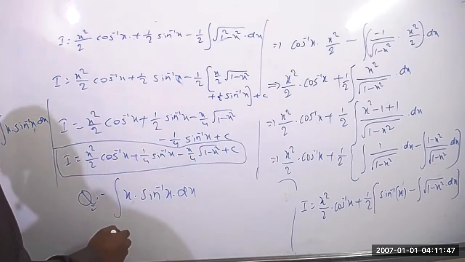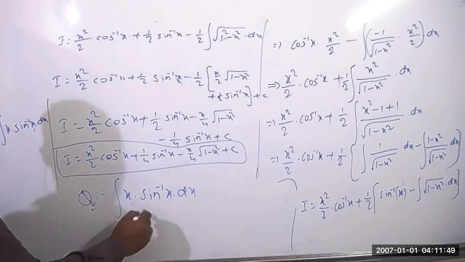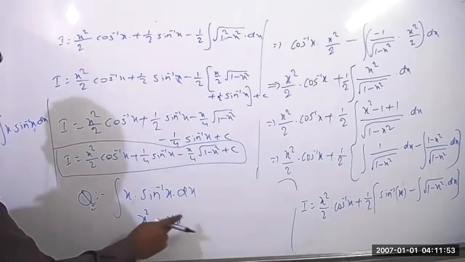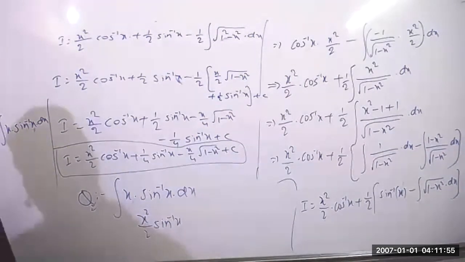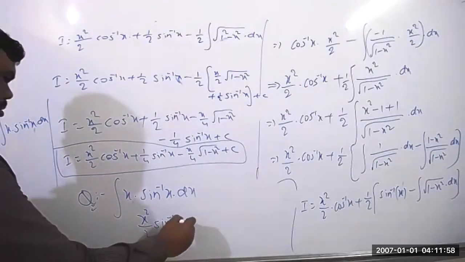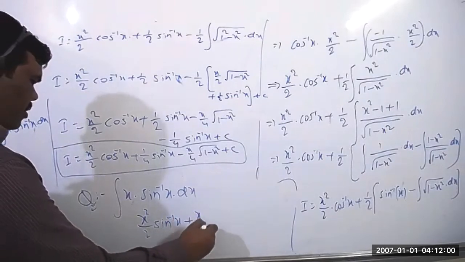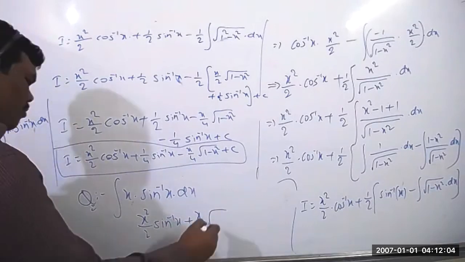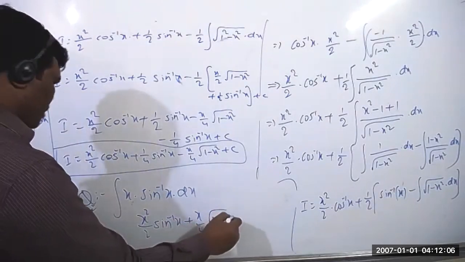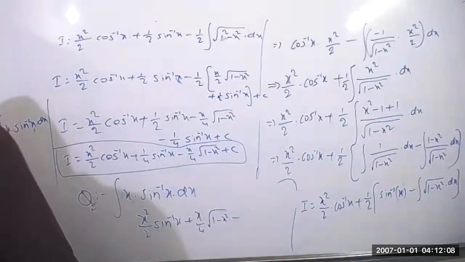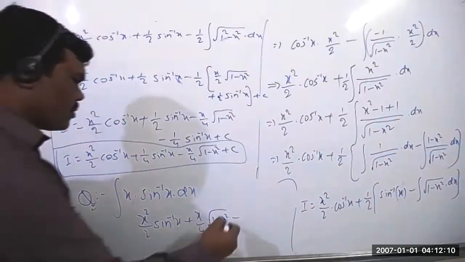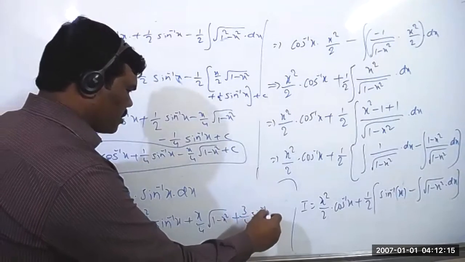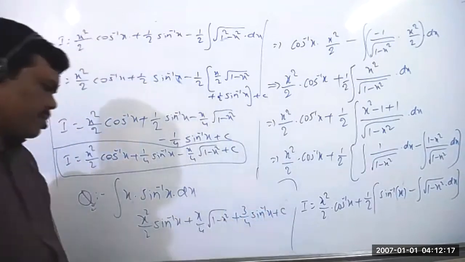x square by 2 into sin inverse of x plus x by 4 into square root of 1 minus x square, plus 3 by 4 into sin inverse of x plus c.